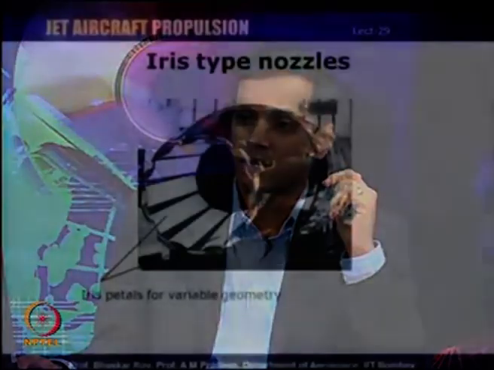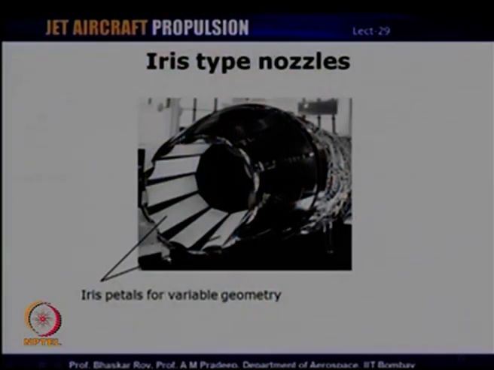So, in this example that you see here, the various petals that are overlapping here, you can see the iris petals, these are the different petals which constitute the iris, and these can be overlapped depending upon the operation of the engine itself.